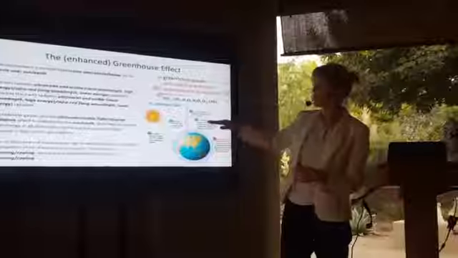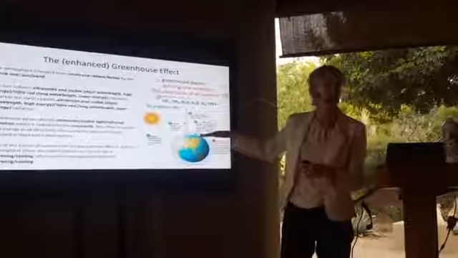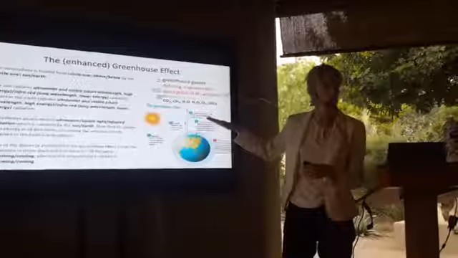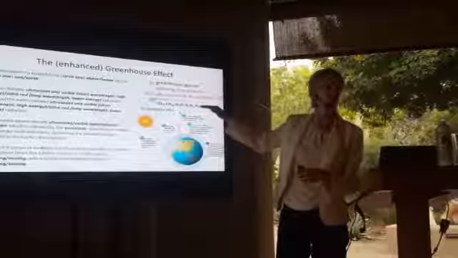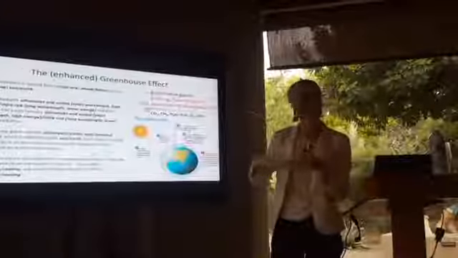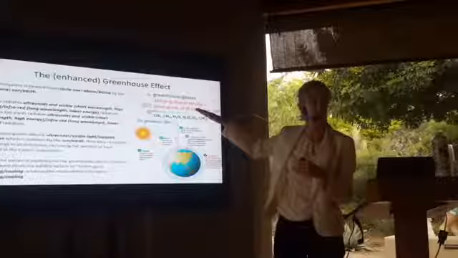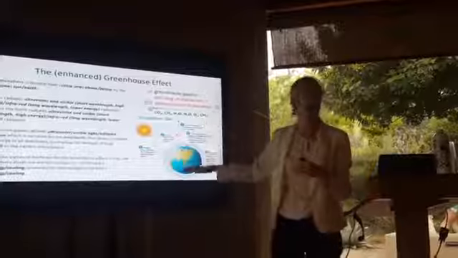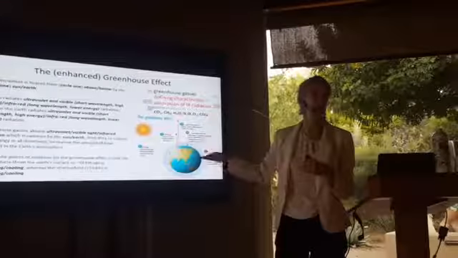And so we need these greenhouse gases to keep our planet from cooling off too much. But when we add more of these greenhouse gases to the atmosphere, we change the energy balance of the planet. How much heat is escaping to space, and how much is being bounced back to the planet and warming the planet? So when we add these greenhouse gases to the atmosphere, we change that energy balance.